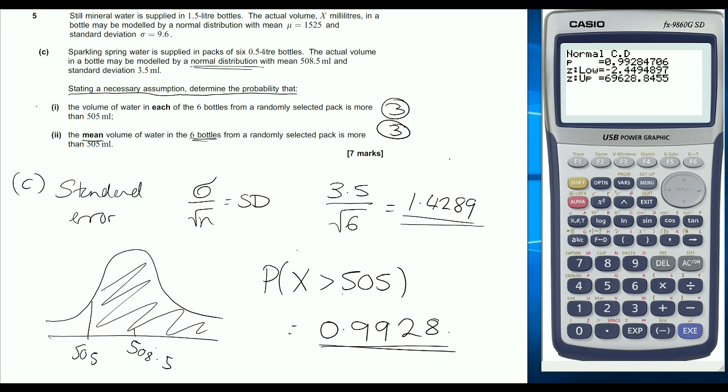So that's all 3 parts of question 5 there. Lots of marks available, but all just using our normal distribution in different ways.